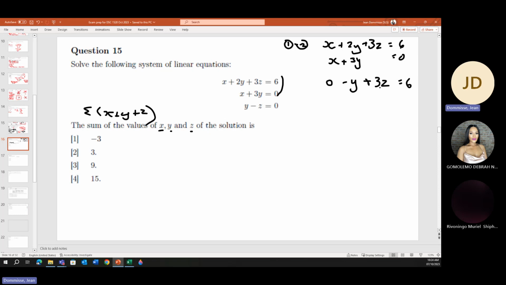Okay, so now at least I've got something here. I can work with that one. That is my new formula 3.